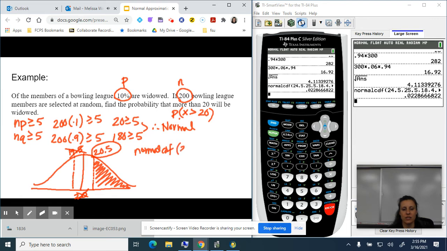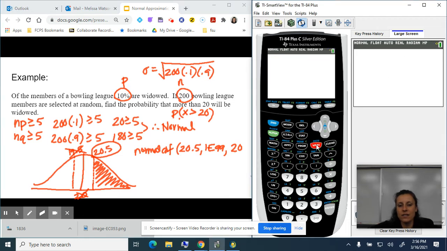The shading starts at 20.5. It ends at infinity. The mean is 20, and I did not calculate the standard deviation, but I will right now. The square root of n times p times q. I'm actually just going to enter it like that in the calculator. So, second vars down to normal CDF. My shading started at 20.5.